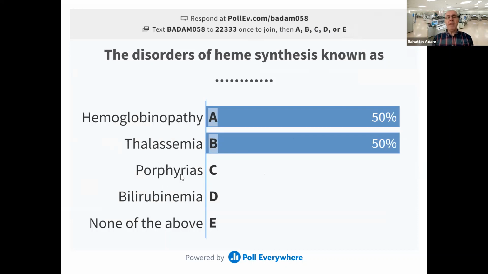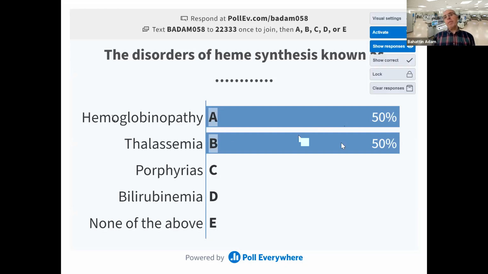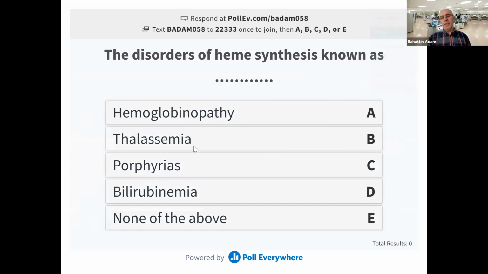Porphyria is a disorder of the porphyrin rings. The synthesis of the porphyrin is affected. And hemoglobinopathy, as the name implies, is related to the disorder of heme production. Agree with me? If not, please let me know.